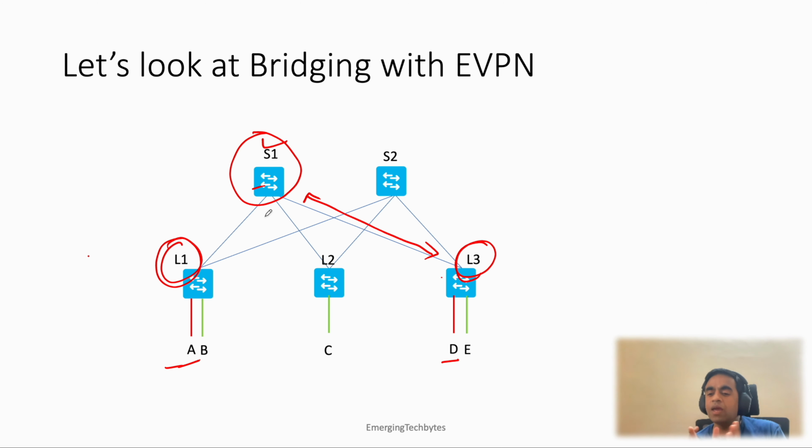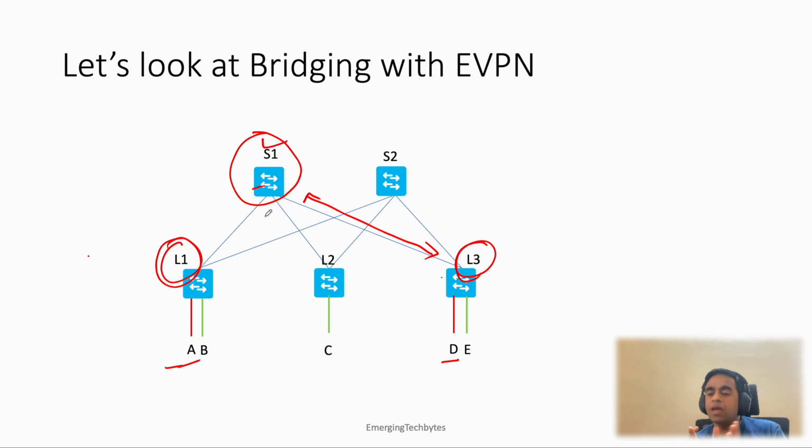S1 will see that, okay, it is my MAC address, so it opens it up. Once it opens it up, it will see that it is the red VNI. This is the source VTEP, but the destination VTEP is L1. So S1 will send this packet on this segment towards L1. It will put the MAC address of S1 as the source MAC, but the destination will be that of L1.